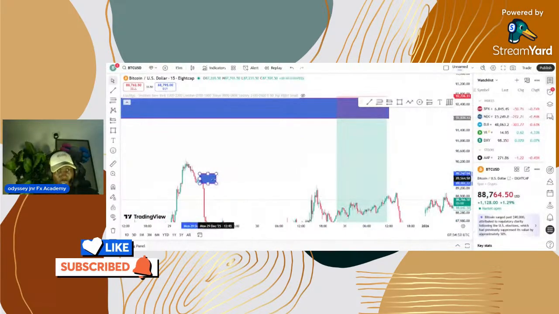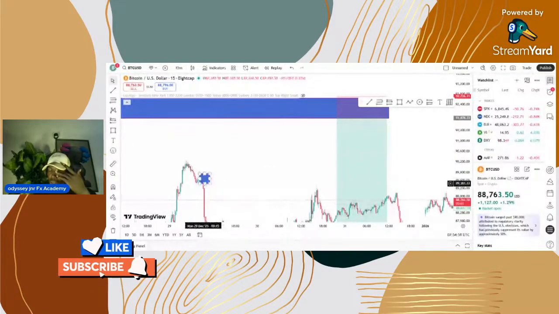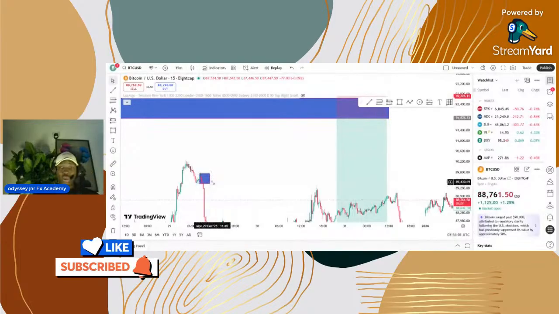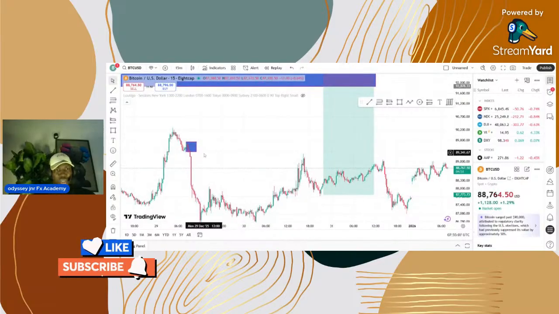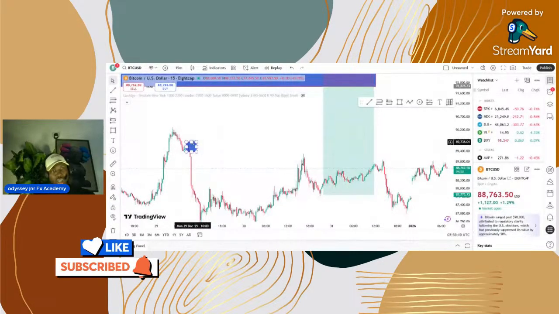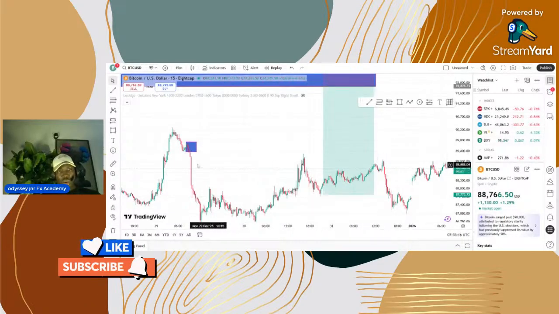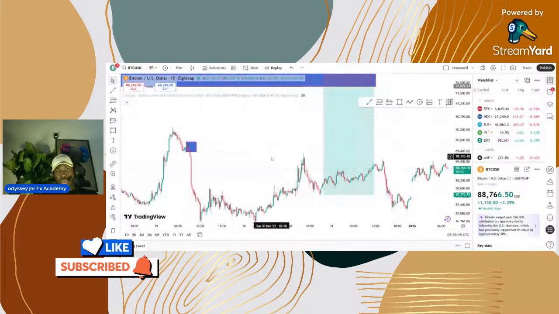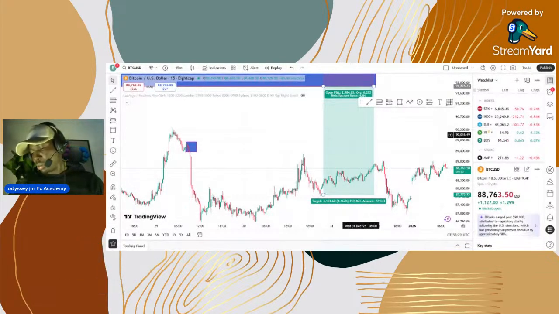Now we look at what will happen here also, once we see the market coming to this level. Pay attention to what it will do here. If the market gives a clear direction that is bearish, then we can enter from here. At least now we have a liquidity, we have the order block, we have the fair value gap. So our confluence is intact.